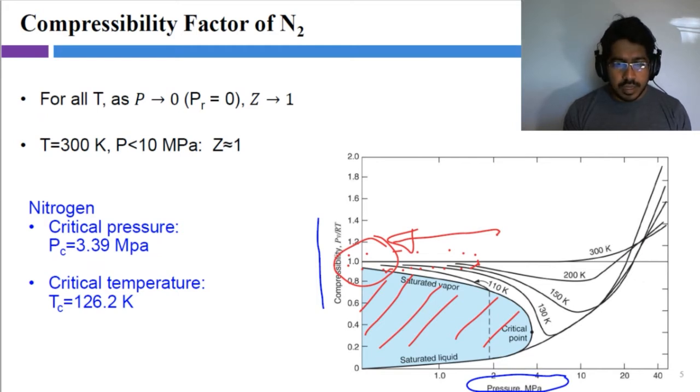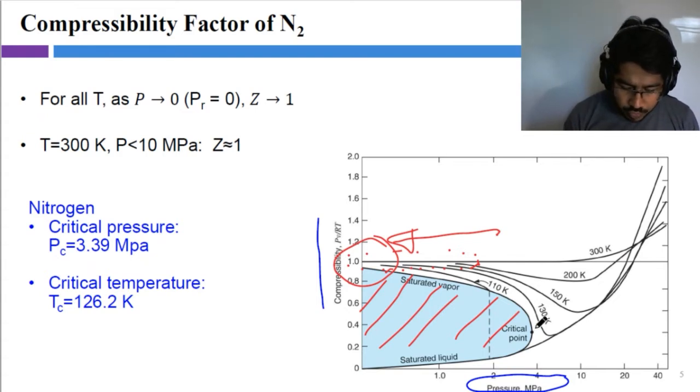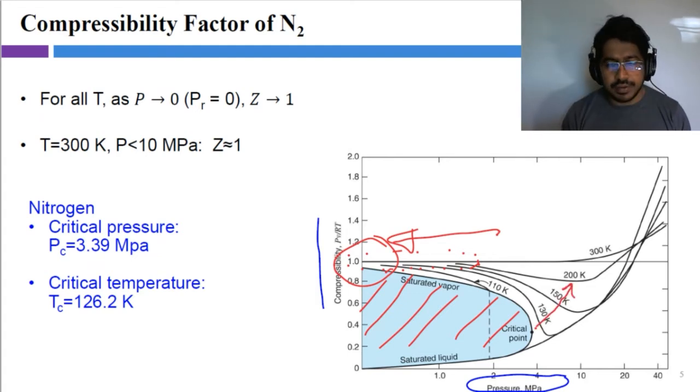Okay. And there was another thing that we had: when we are deviating from the critical temperature, or we are exceeding the critical temperature significantly enough, then we get closer and closer to ideal gas behavior. Now, with this one, we can see how we can calculate the compressibility factor.